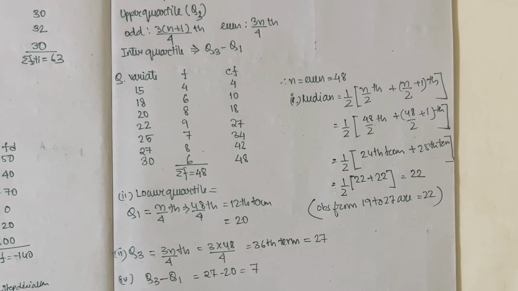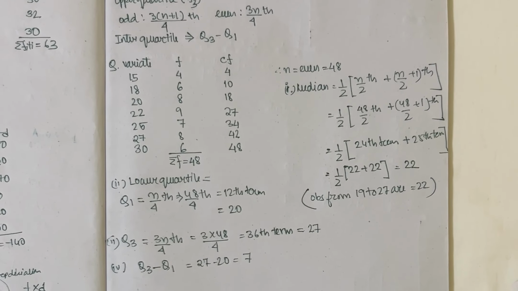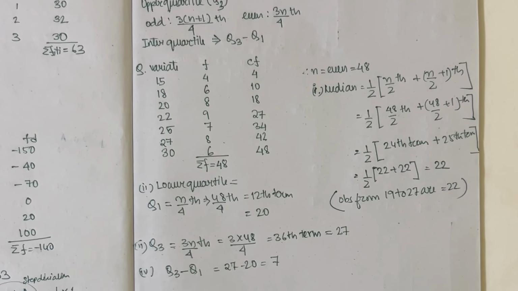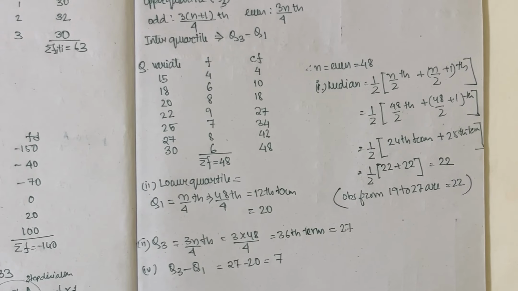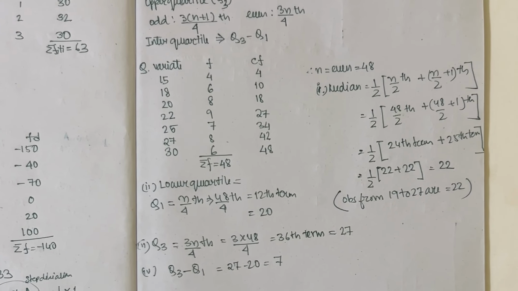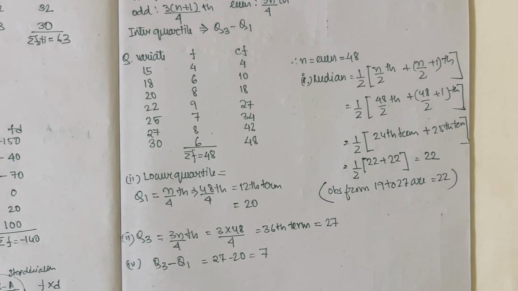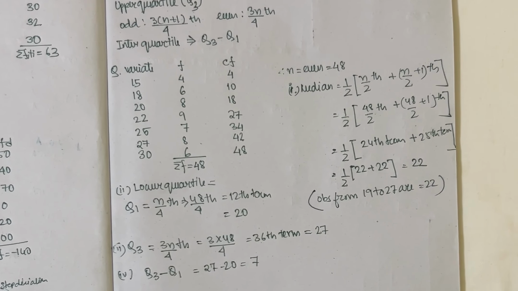So the 24th term in the cumulative frequency comes after 18, that is 27. So see, 27 includes the 24th term along with the 25th term. So the variate of that cumulative frequency is 22. So we put the values for 24th and 25th term as 22. On simplifying, we get it as 22.